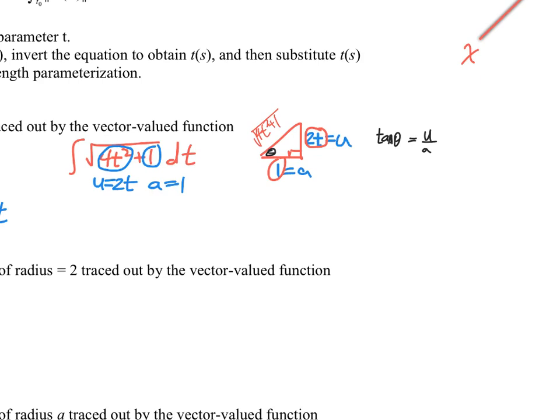So tangent of theta is equal to u over a, which is 2t over 1, so just 2t. The secondary function should be the ratio of the radical to the constant.